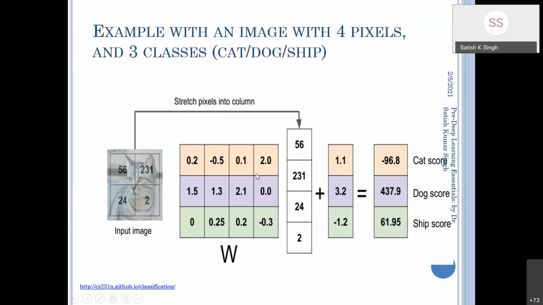And if there are 1,000 classes, so 1,000 rows, and you can consider lakhs of columns, optimizing such a big matrix is a very difficult process. And this is simply the linear classification problem.